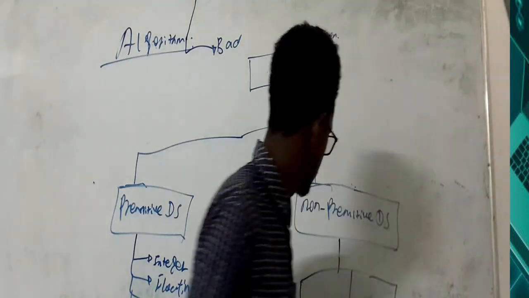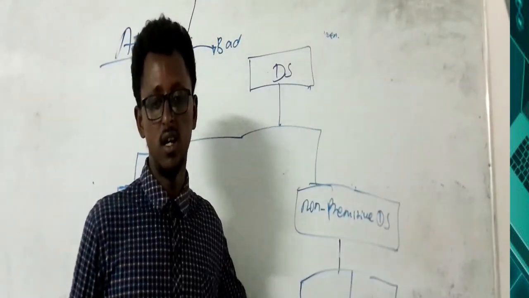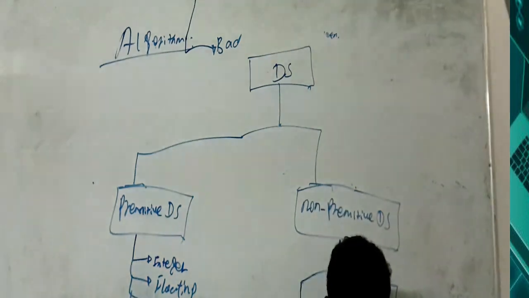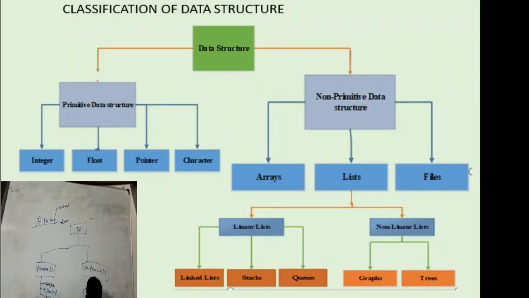But we try to split the list further. List data structure is also divided into two: linear data structure and nonlinear data structure.